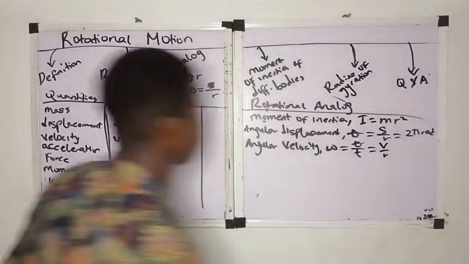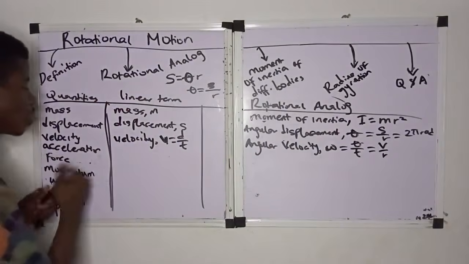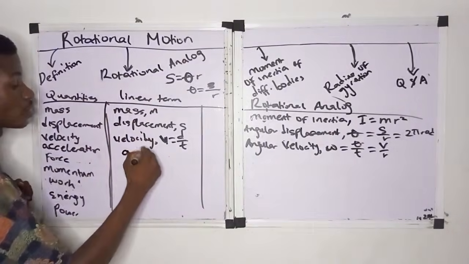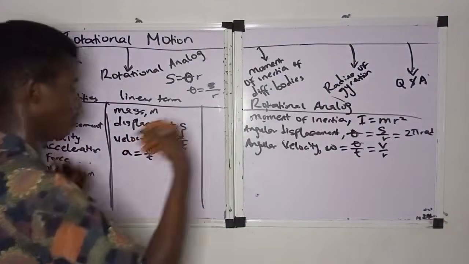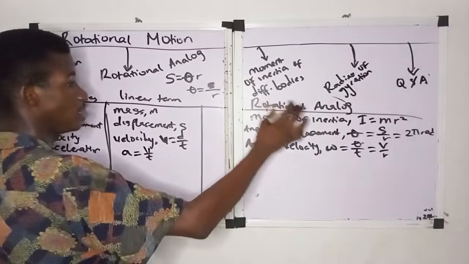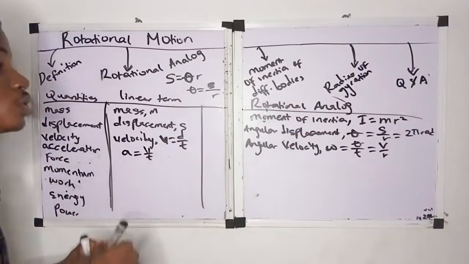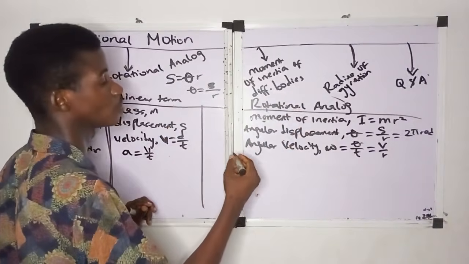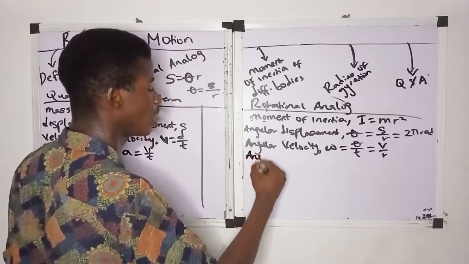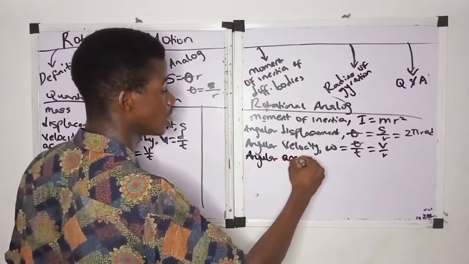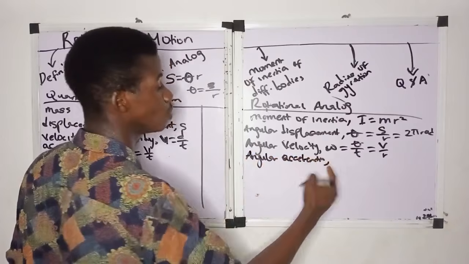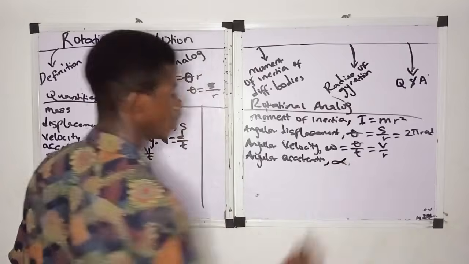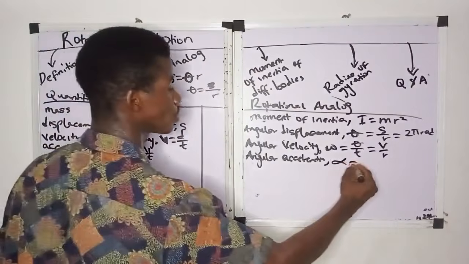Let's continue. Acceleration. We all know that in linear terms, acceleration is velocity over time, right? In rotational terms, the rotational analog of acceleration is known as angular acceleration, which is represented by this symbol.